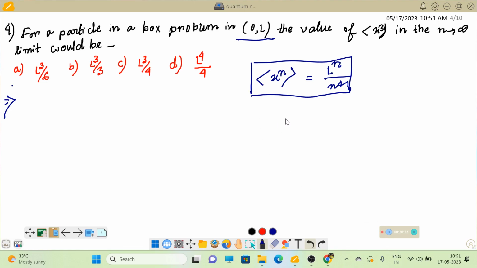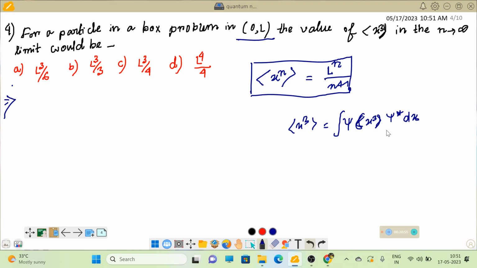Otherwise you have to do a long calculation. If you want to evaluate the average value, you have to take the integration of psi star, x cube, psi d tau or dx.